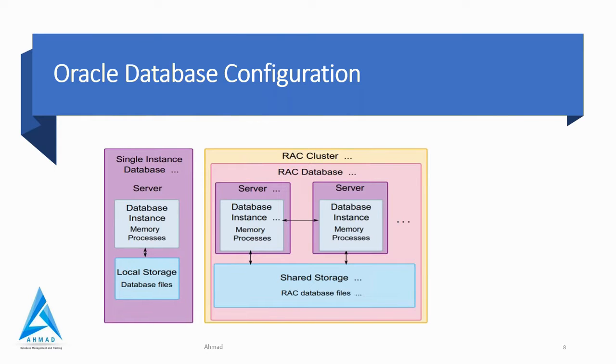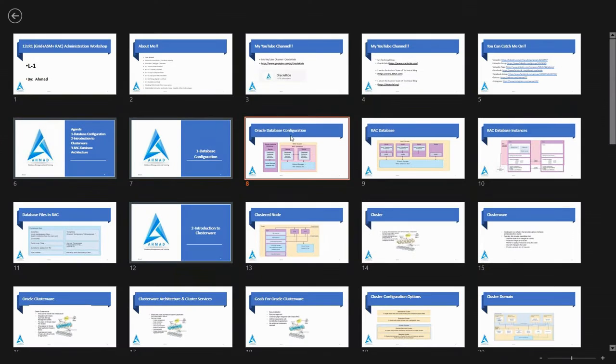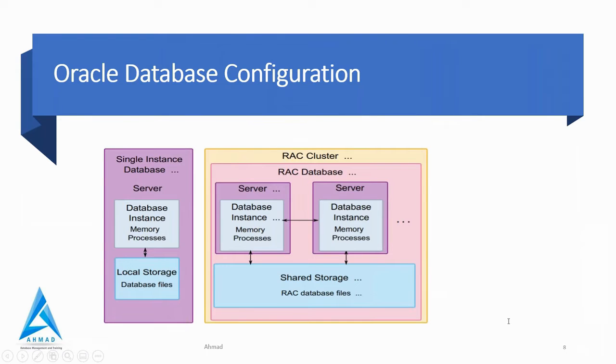And up to how many nodes can you add in your RAC? That is the first question for today. I'm sorry. So in RAC, how many instances can you add, or how many nodes can you use for your RAC?